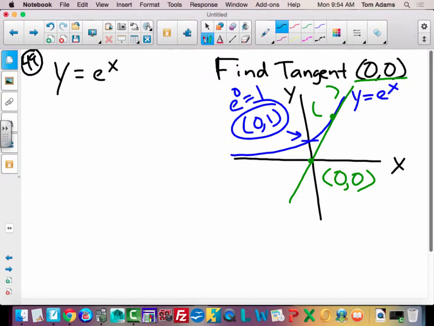So in order to find the tangent line, we need to find the rate of change of e to the x, and that process calls us to find the derivative. The derivative of e to the x is just e to the x times the derivative of x, which is just 1. So it's just e to the x. In other words, this is the slope of the tangent line.